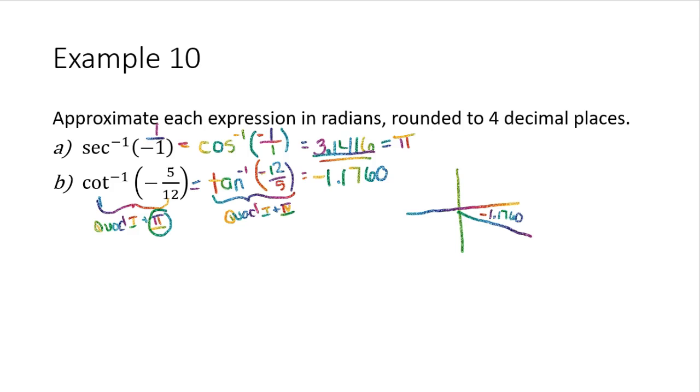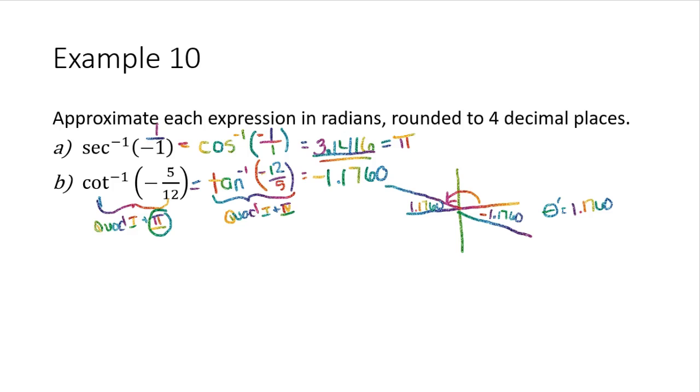All right, -1.1760 has a reference angle of 1.1760. That means that in quadrant 2, the angle we're looking for goes from here to here. This reference angle is also going to be 1.1760.